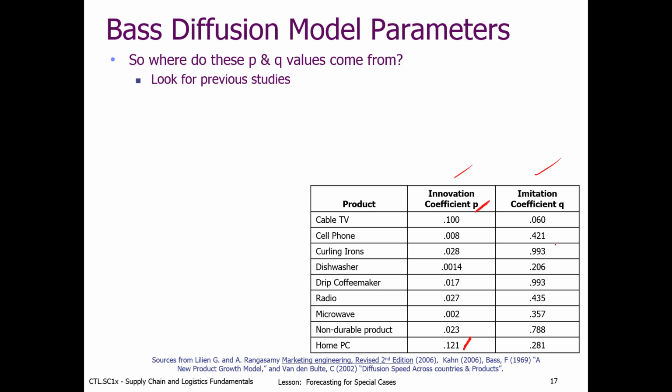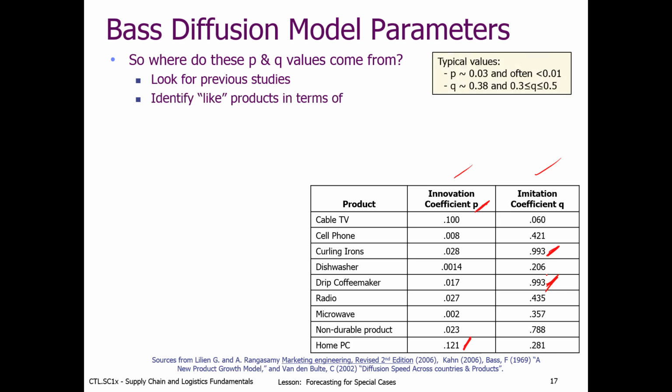As opposed to, say, curling irons, where I have a very high Q, or drip coffee makers. What is that saying? Well, that means you're going to have a lot more imitators. They hear about it, they see their friend using it, and they decide to adopt. So the P and the Q essentially balance out the early adopters versus the later adopters.